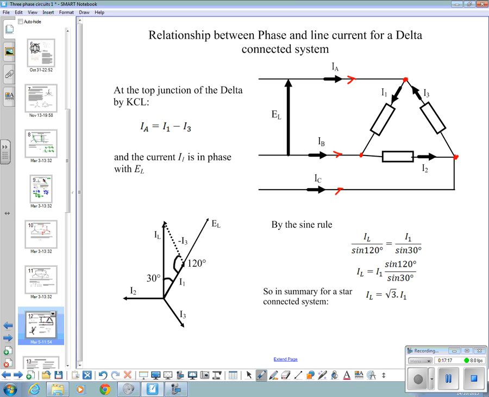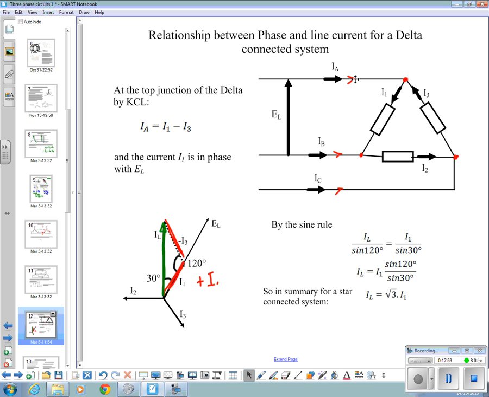So we draw EL, we draw in the phase current. This one is plus I1, that line in there. I3 is down there, so minus I3 must be up there, and the resultant is that IL line in there, the line current. But again, by sine rule, IL over sine 120 is equal to I1 over sine 30.